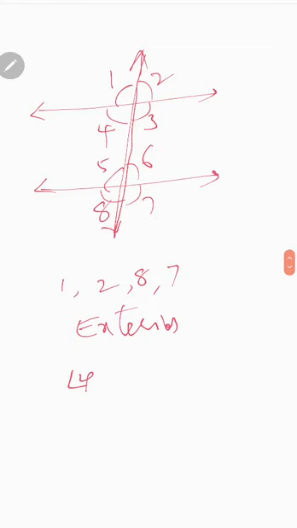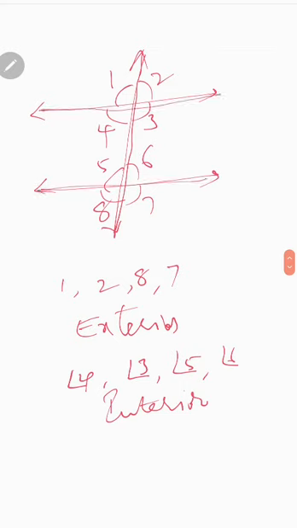And angle 4, angle 3, angle 5 and angle 6 are interior angles, that means the angles which lie inside the two parallel lines. So these four are interior, and these four are exterior angles.